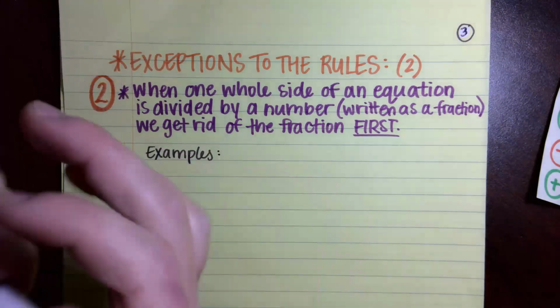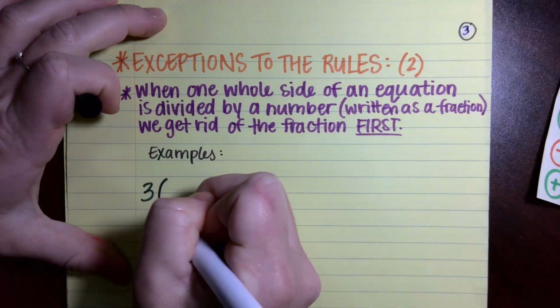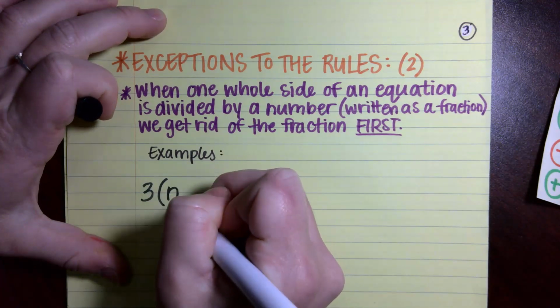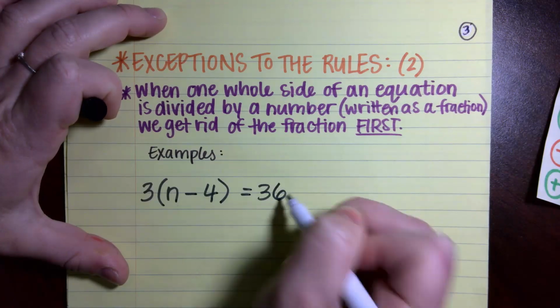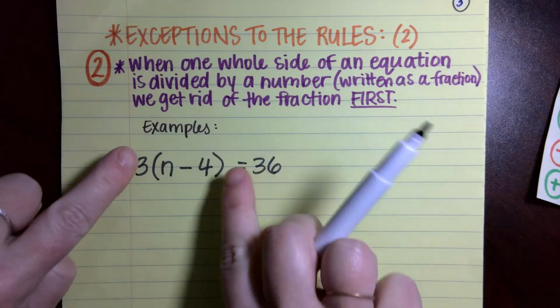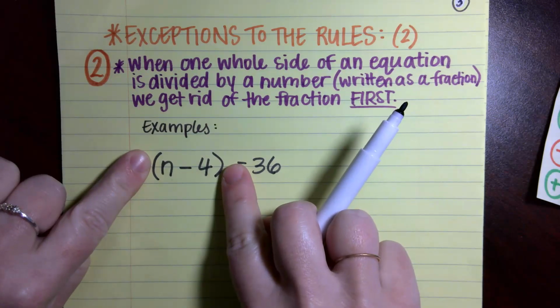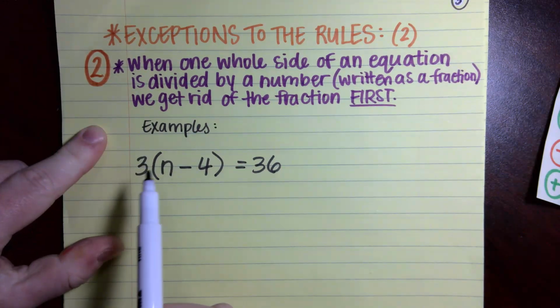I'm gonna show you what we just did, that 3 times n minus 4 equals 36. Whenever we did this one, what we can see here is that one whole side of the equation, that n minus 4, is being multiplied by a number.